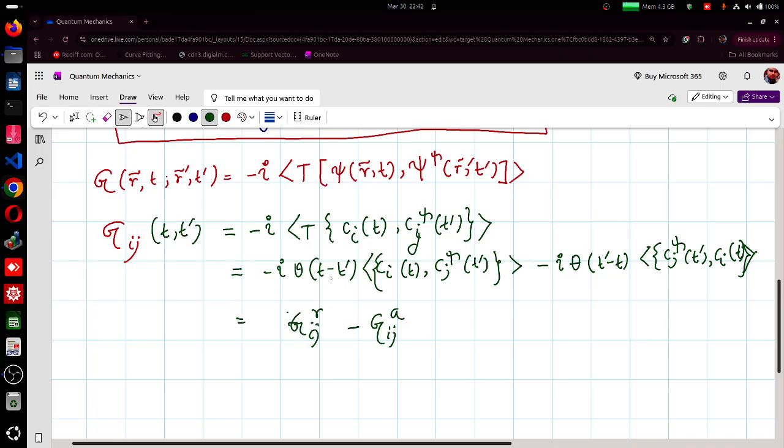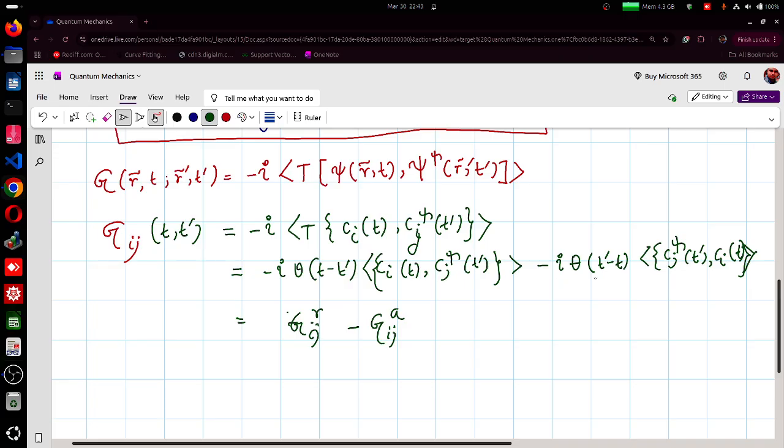Retarded means at time t' you have perturbed the system, and after time t you are going to see some effects of the perturbation. That is, we are going to see the response of the perturbation after some time t, and at time t' we had made some perturbation.